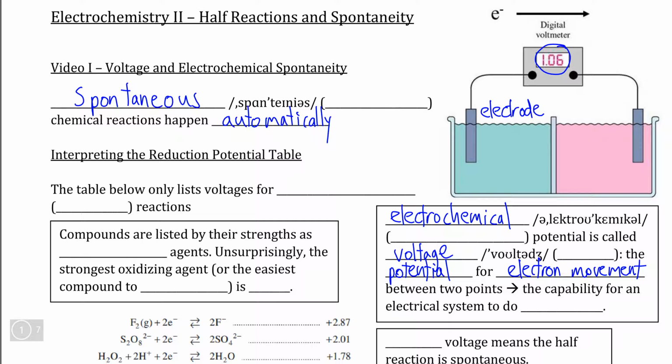This flow of electricity from one electrode to another represents the capability for an electrical system to do work, where the flow of electrons can be used to power an electrical device, from something as simple as a light bulb all the way up to your phone or your personal computer.